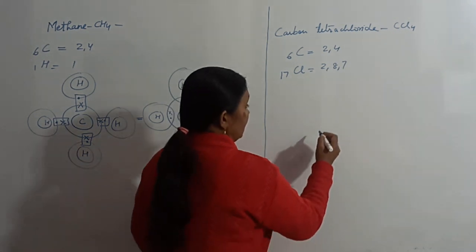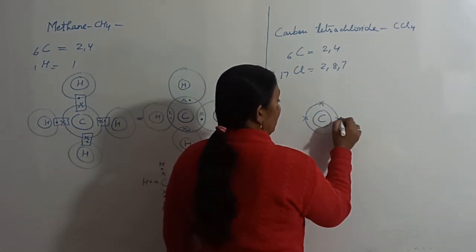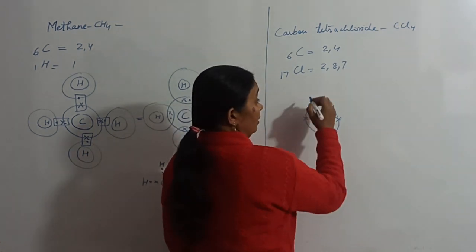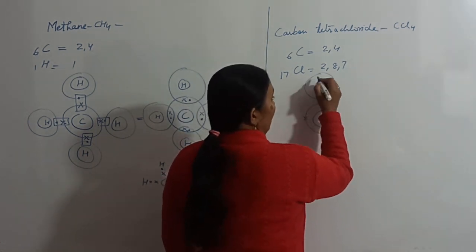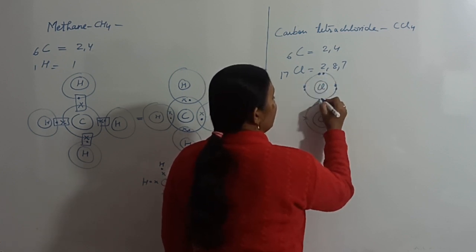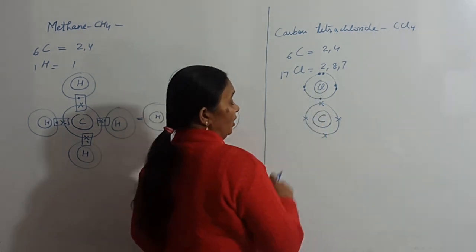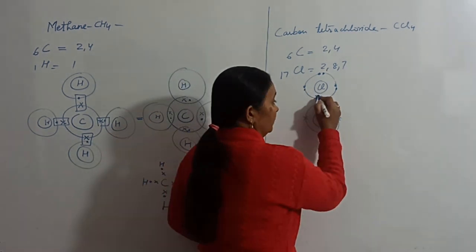This is the carbon atom. It has 4 electrons in the outermost shell. The first chlorine comes. It has 7 electrons, it needs 1 more, so it will share 1 with carbon.